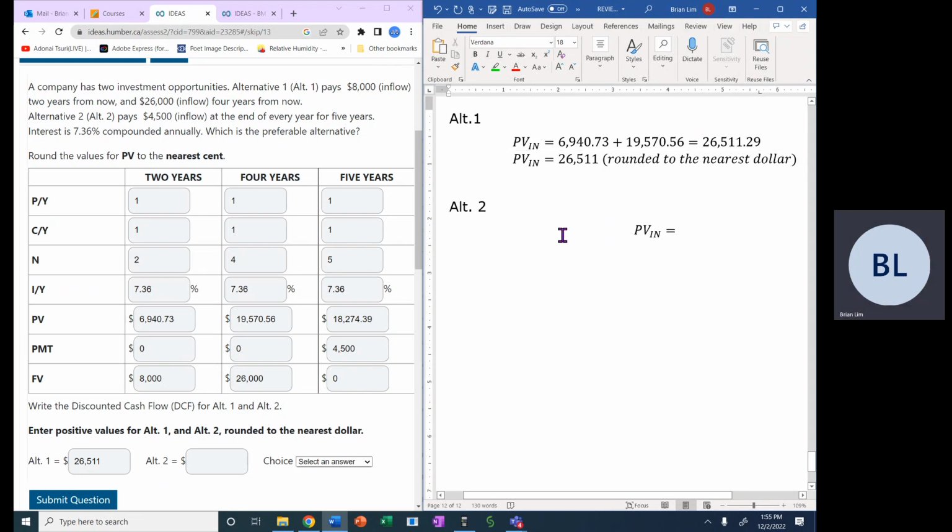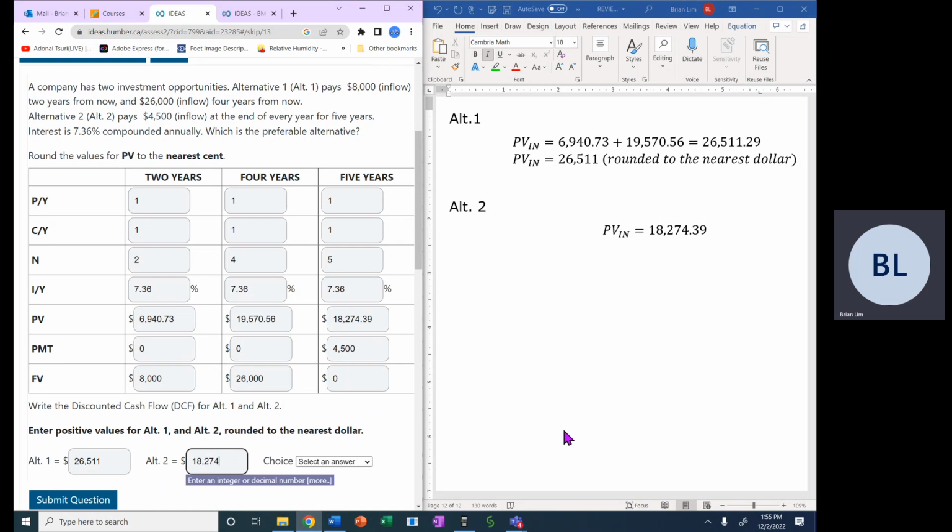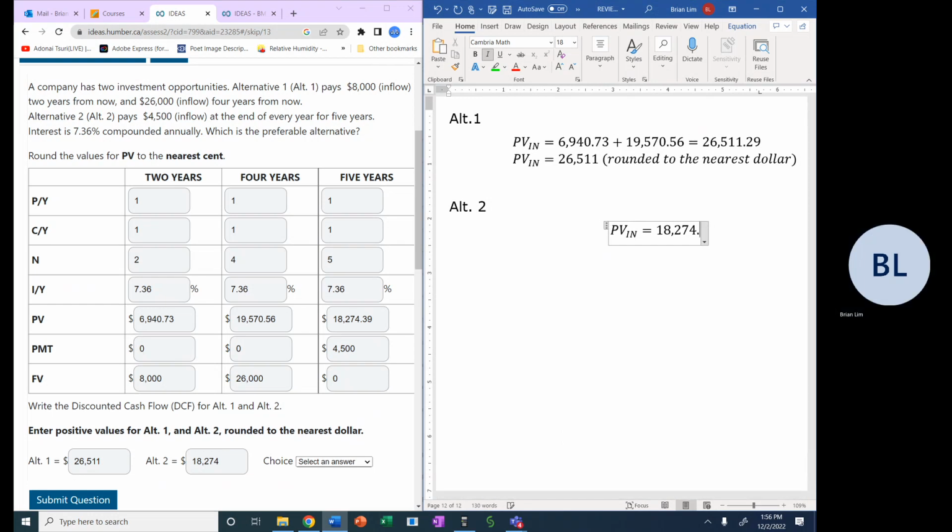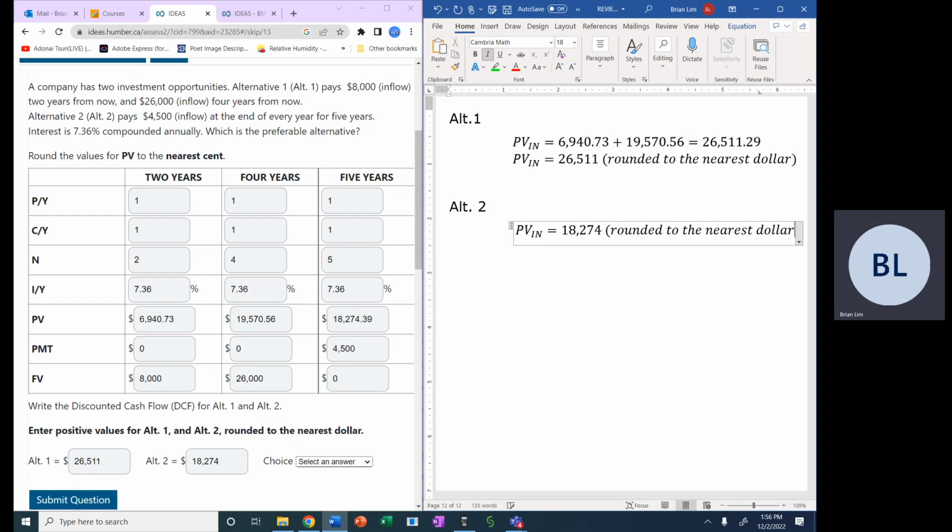Okay, so let's go to alternative 2. Alternative 2 is only one value to put in, and that is this value right here. So it doesn't really matter. We could go and enter it over here, and we can put that same number right in here, $18,274. We have to round to the nearest dollar.